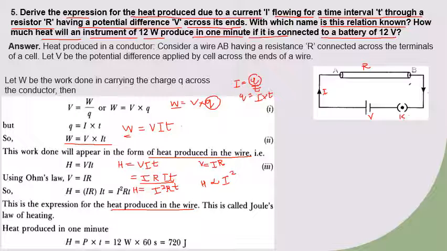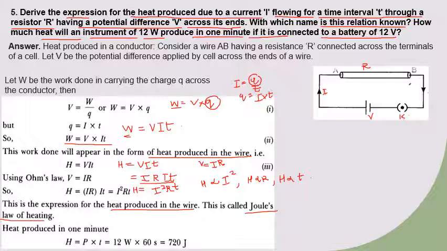And the more time the current is flowing through the wire, the more heat is produced. So heat is proportional to the square of the current, proportional to the resistance of the wire, and proportional to the time the current is flowing through the wire. This expression is known as Joule's law of heating.